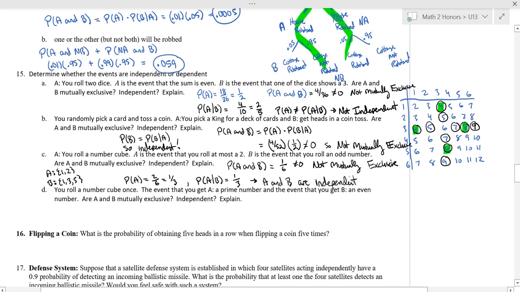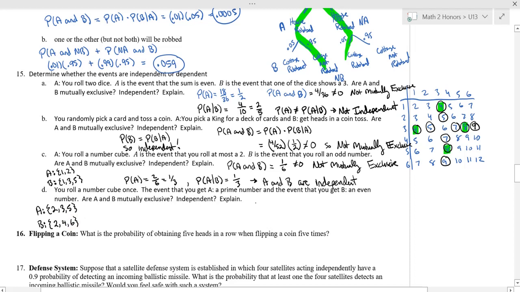Alright, D, you roll a number cube once. A is prime, so our prime numbers would be 2, 3, and 5. Remember, 1's not prime. B is the event that you get an even number, so 2, 4, and 6.